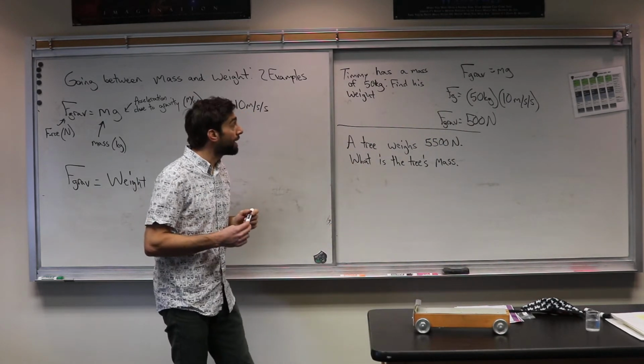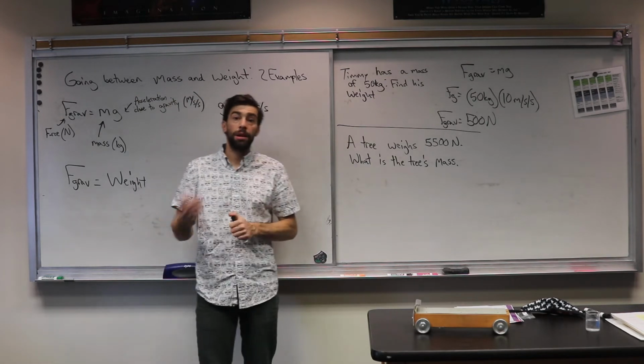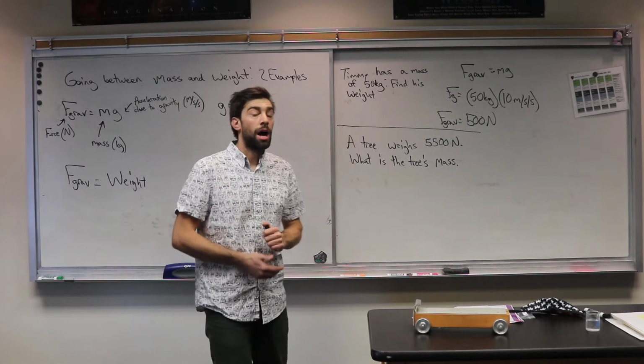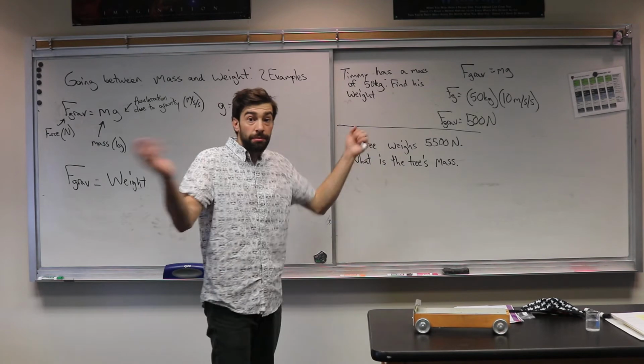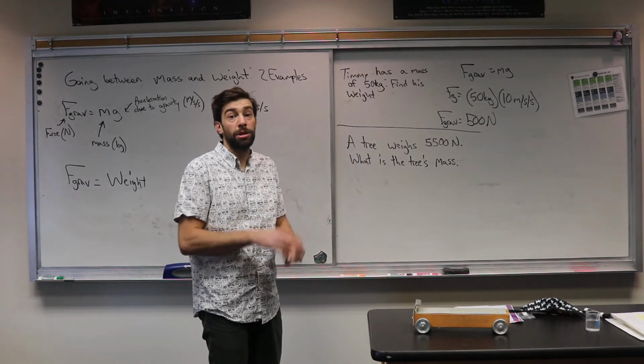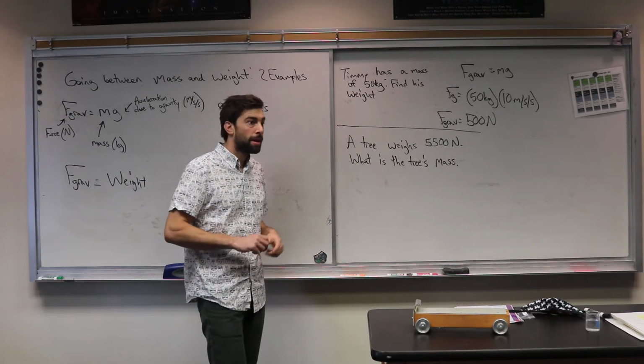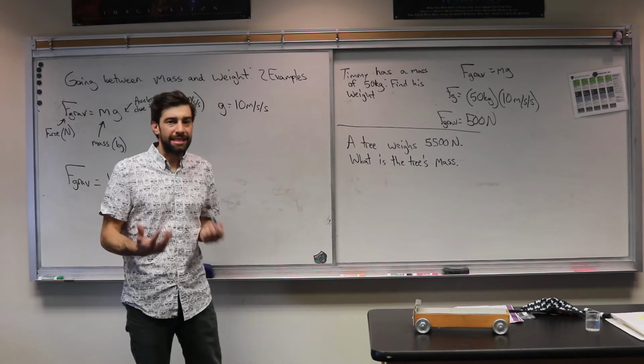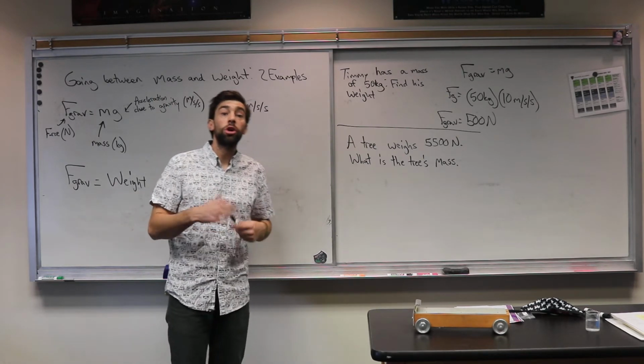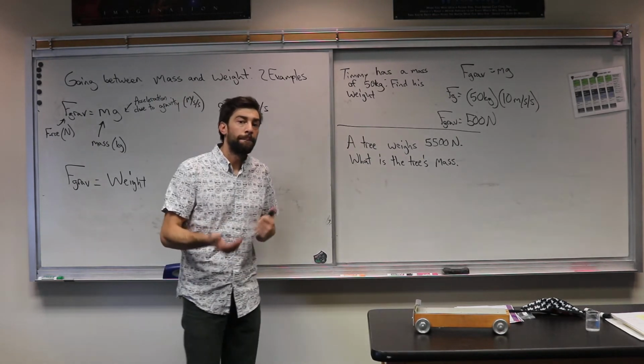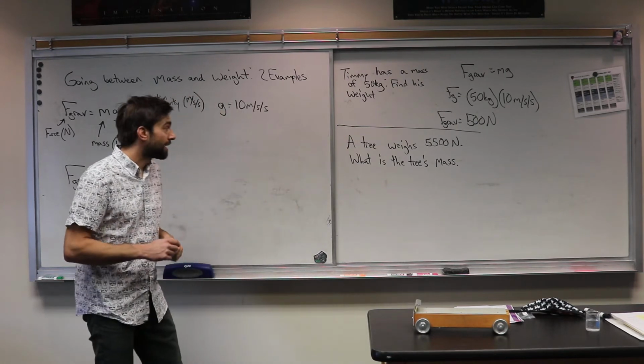So pretty straightforward plug and chug problem. Just plug the numbers in and we multiply them together, we get our answer. Working back is similar. It's not too much more complicated, but we'll walk through that together.